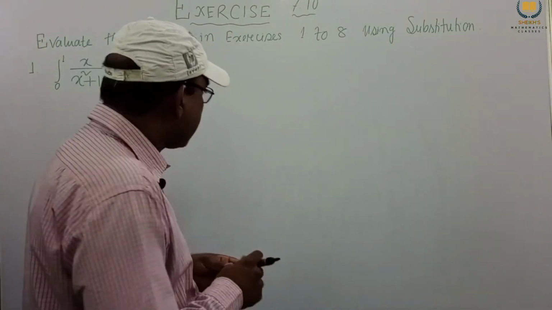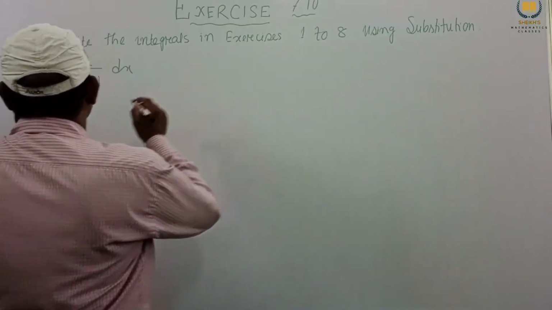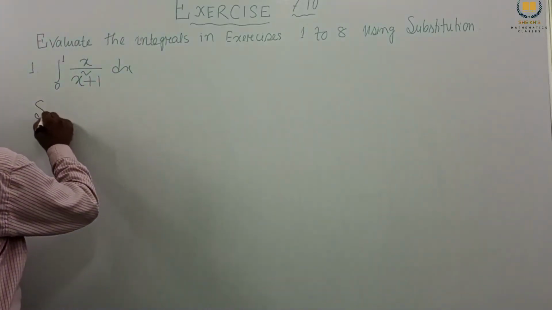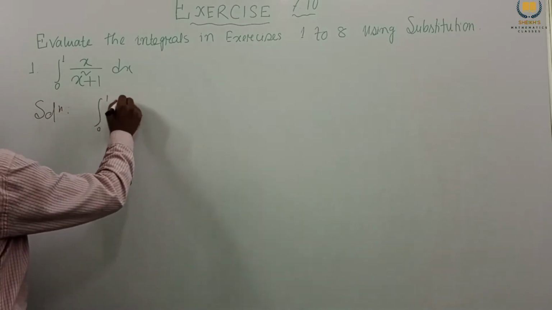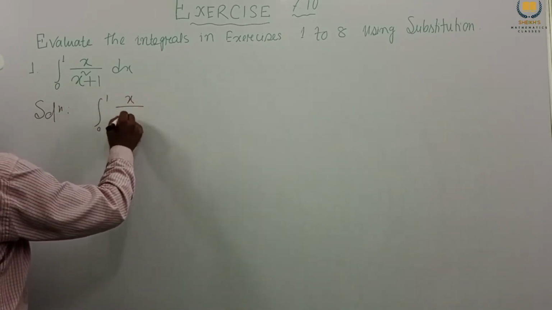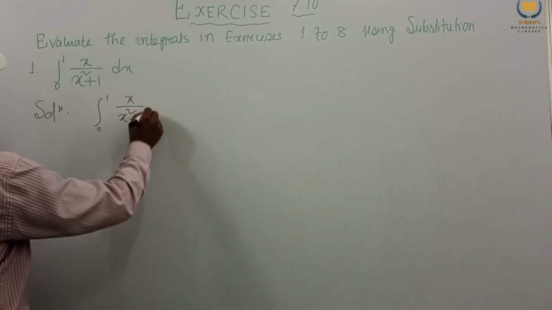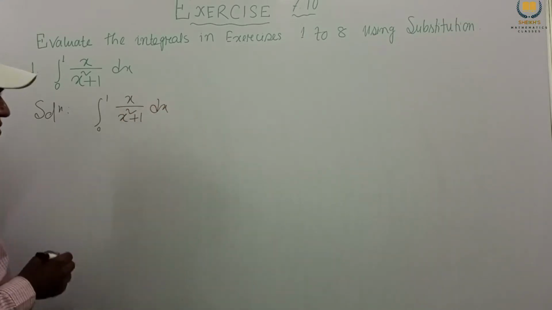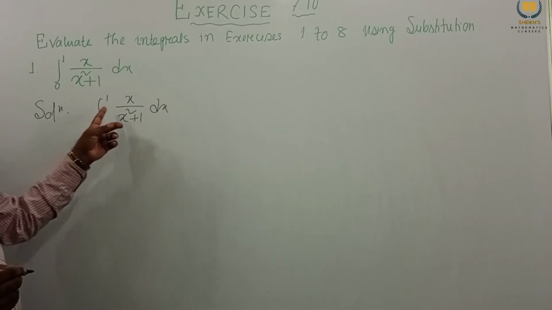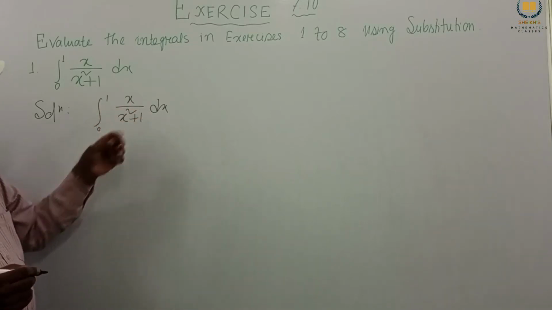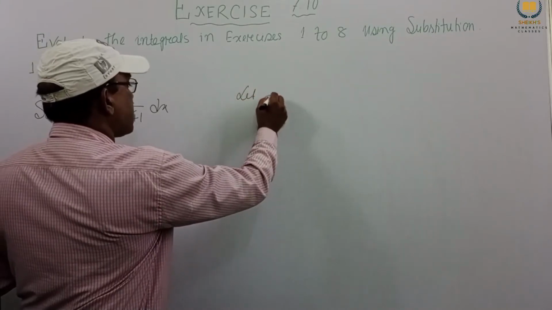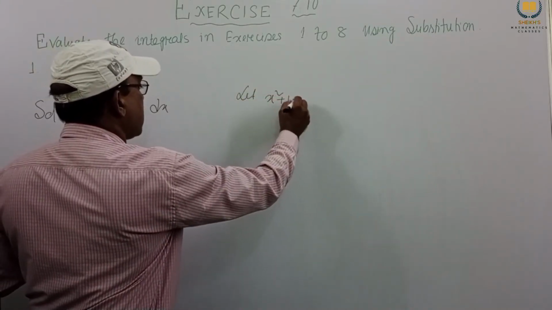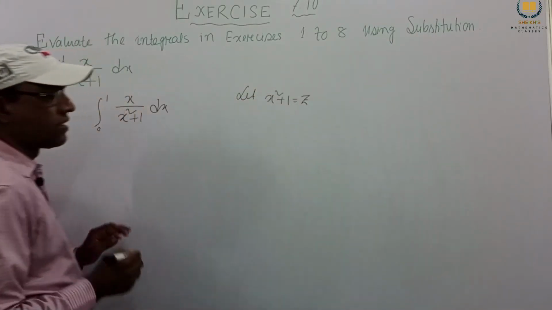Now the solution starts. Given the integral from 0 to 1 of x over x square plus 1 dx. This is our problem. We consider this denominator equal to z. Let x square plus 1 equal to z.